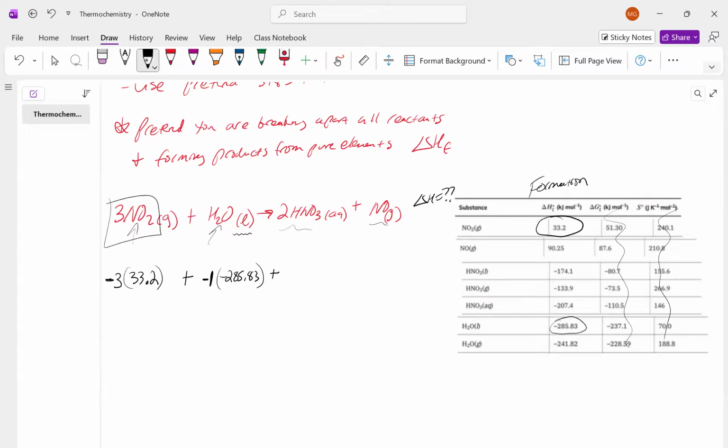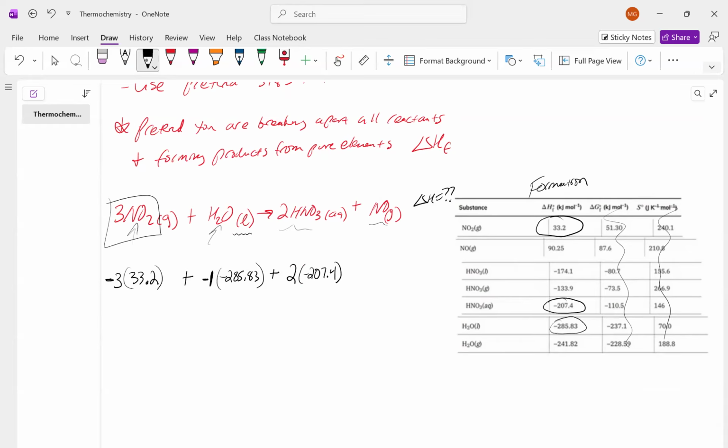All right, now I'm going to add this to the products. So I'll look up HNO3. There it is. Actually, nope. See, I did the wrong one. I picked liquid. It should be aqueous. So that's negative 207.4 times the stoichiometric coefficient.